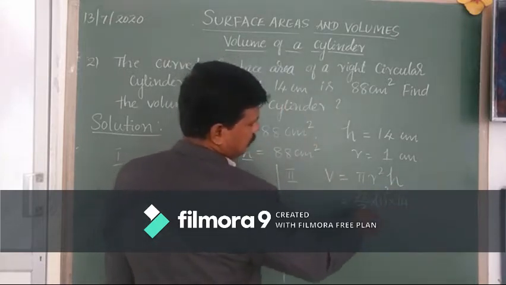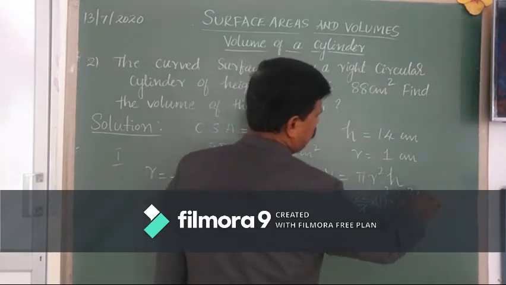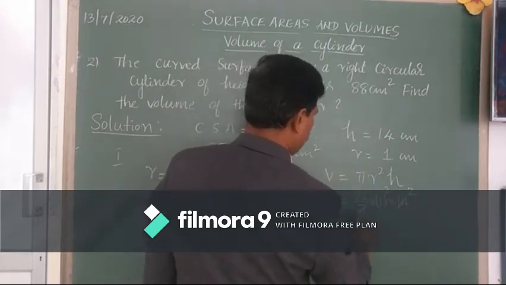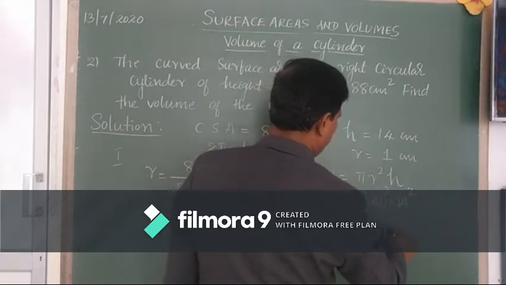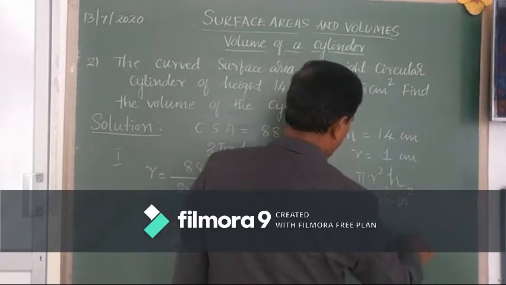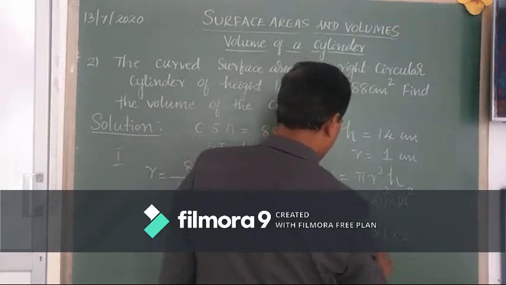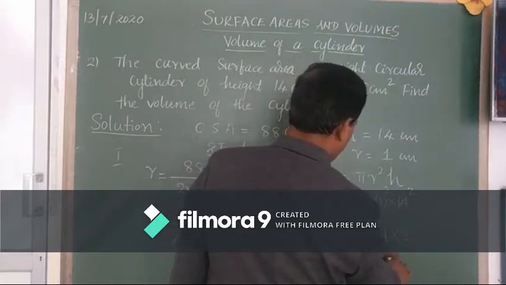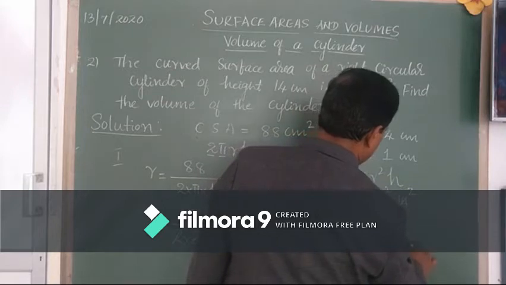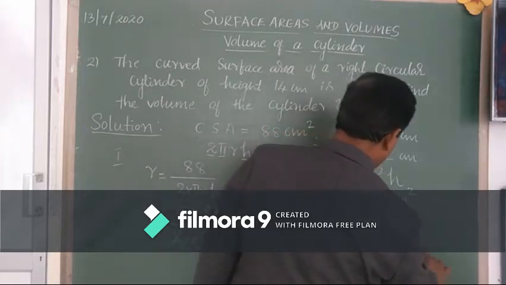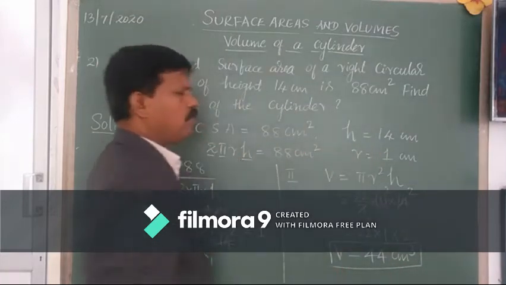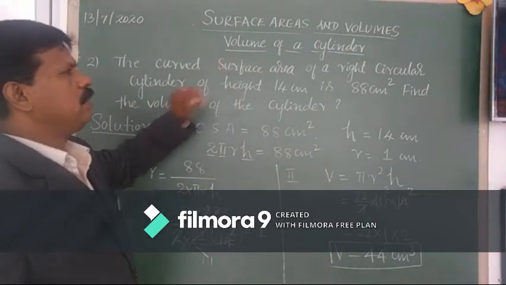Now we can cancel: 7 twos are 14. So this is 22 into 1 square, which is 1 only, and here is 2. So 22 twos are 44. Unit is cubic centimeter. So this is the way to find the volume of a given circular cylinder.